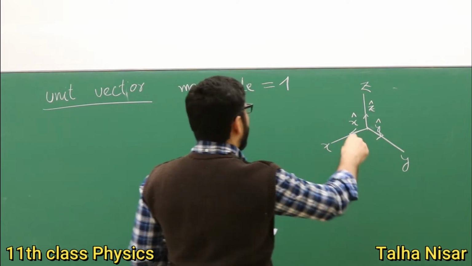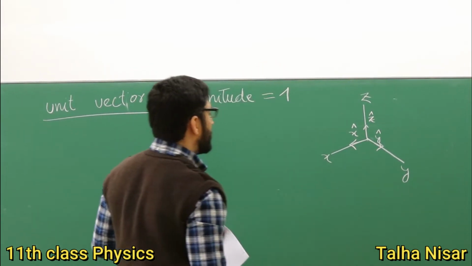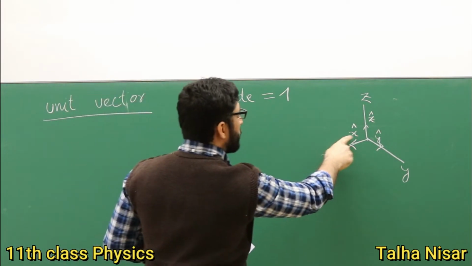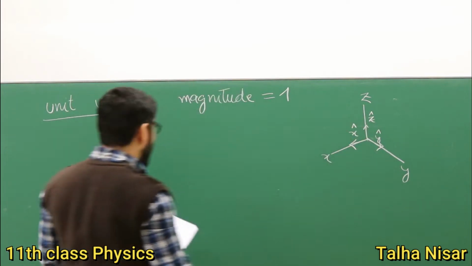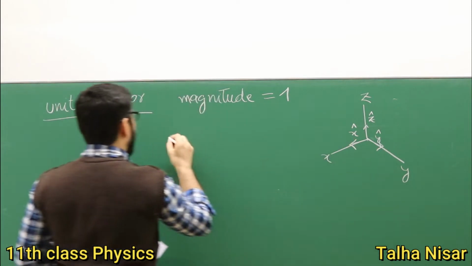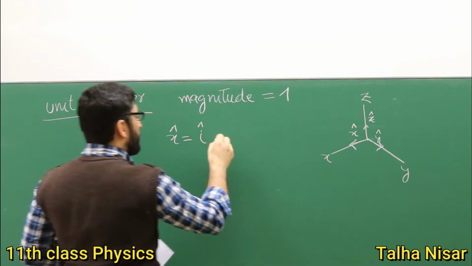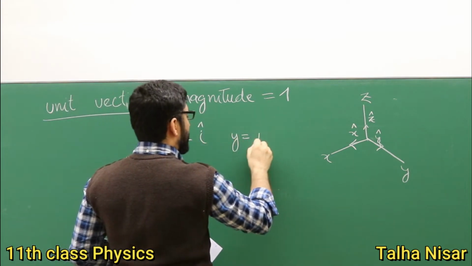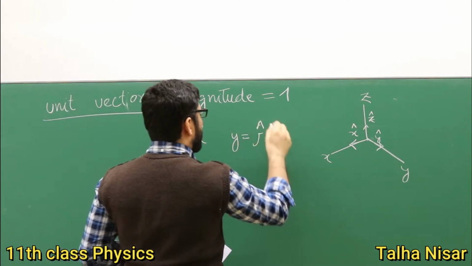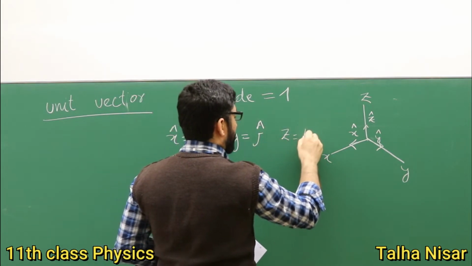In the previous lectures, I used the x roof, y roof, and z roof, since in the books the symbol for x is i roof, for y is the j roof, and for the z is the k roof.